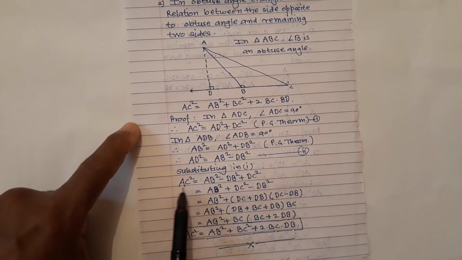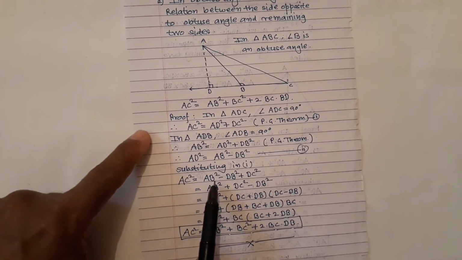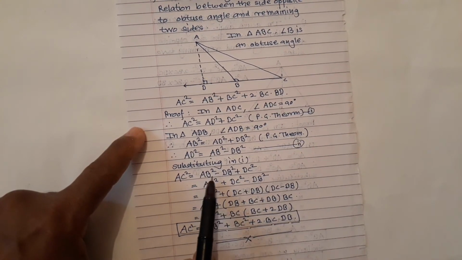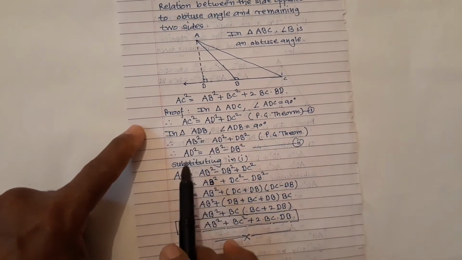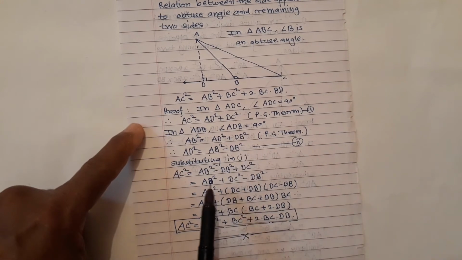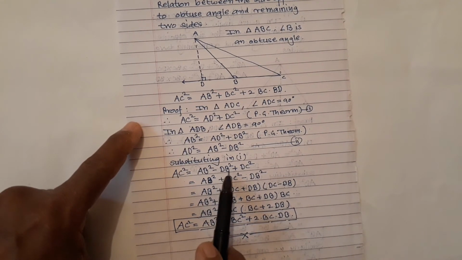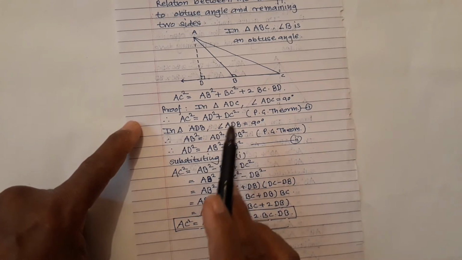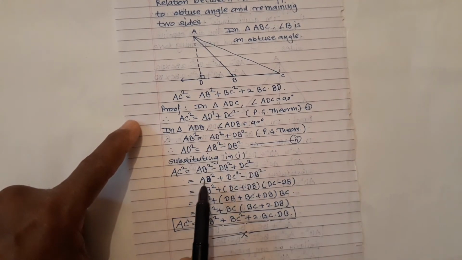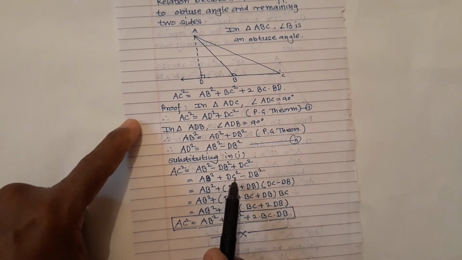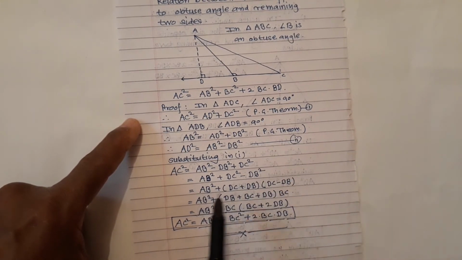Substituting in 1, AC square is equal to AB square minus DB square, means this AD you replace by what? This value, AB square minus DB square plus DC square, then is equal to AB square plus this you arrange DC square minus DB square.